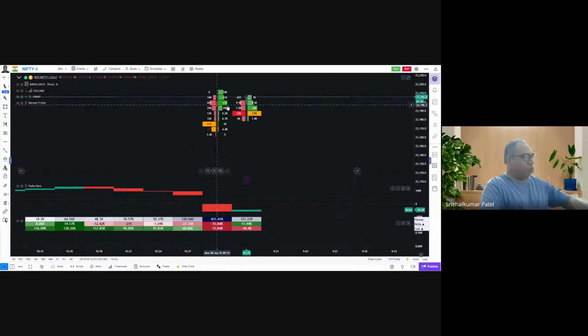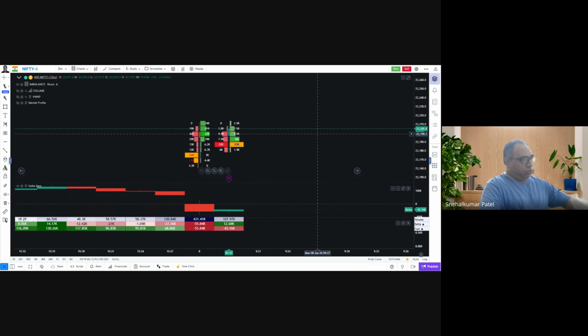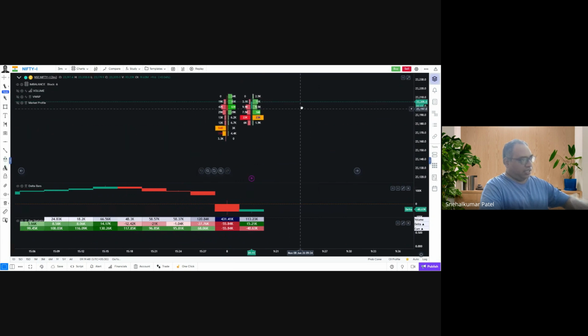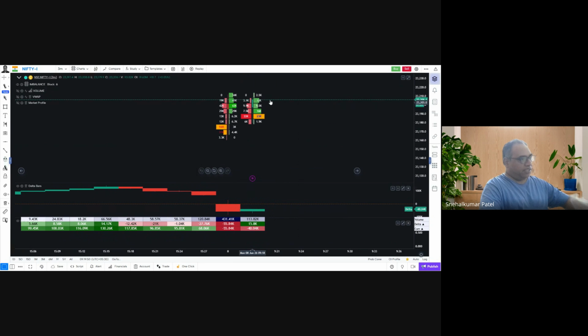The market opened around 23,196 and it's hovering around 23,200. Now 23,200 is a psychological level. So we have to see if the market sustains over 23,200 or not, or whether participants reject from 23,200. It depends on the number of buyers and sellers in the market.